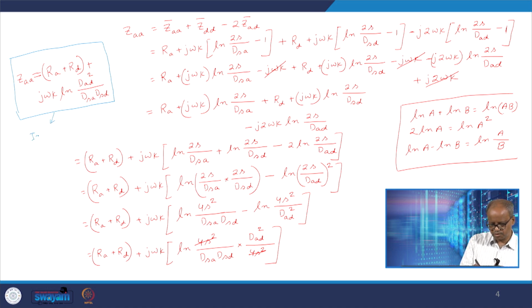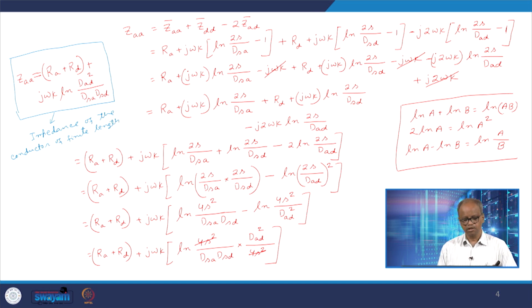Please note, it is the impedance of the conductor of finite length in the presence of ground.